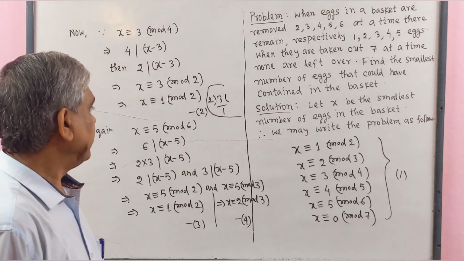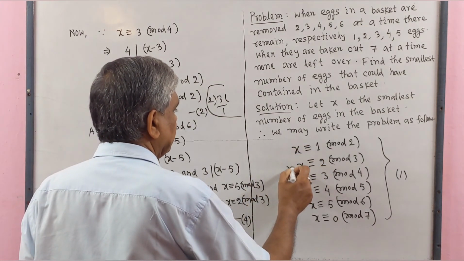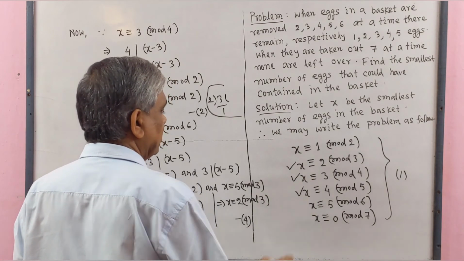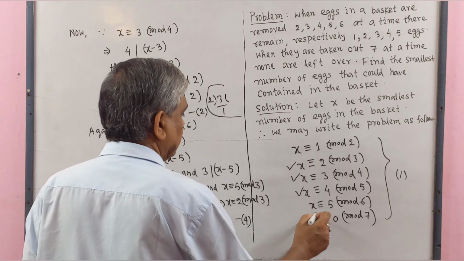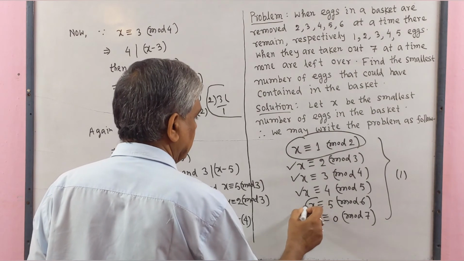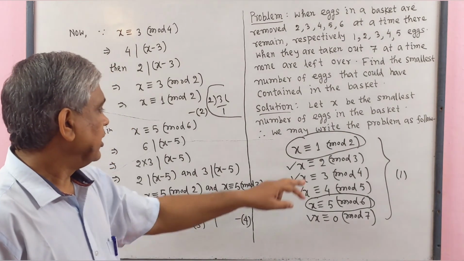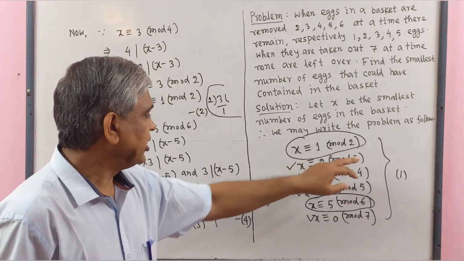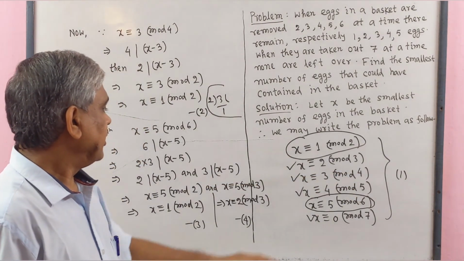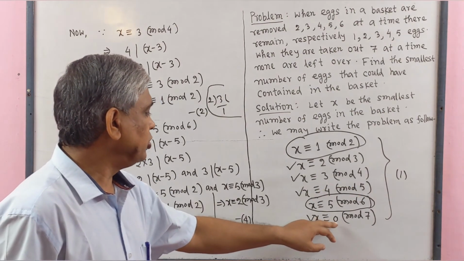So we take only these congruences and we delete the others. So we get x is congruent to 2 modulo 3, x is congruent to 3 modulo 4, x is congruent to 4 modulo 5, and x is congruent to 0 modulo 7.